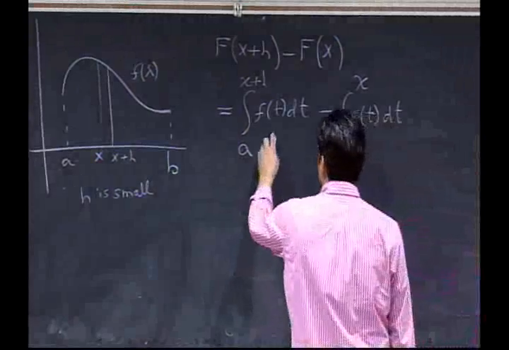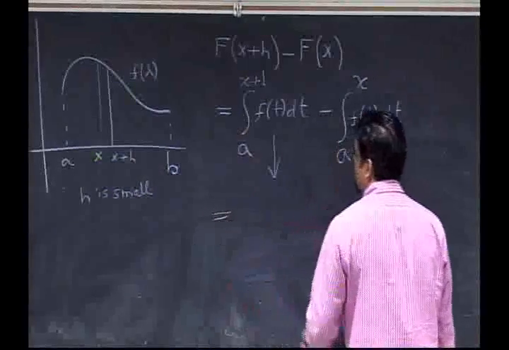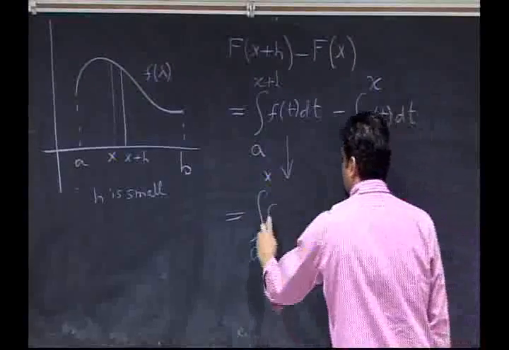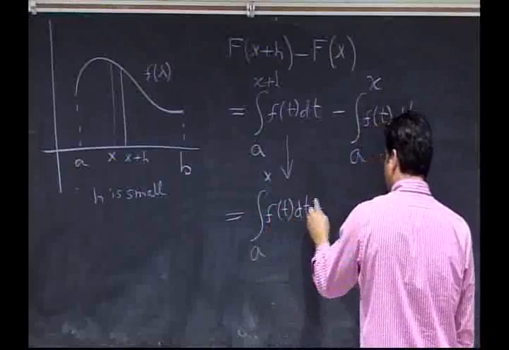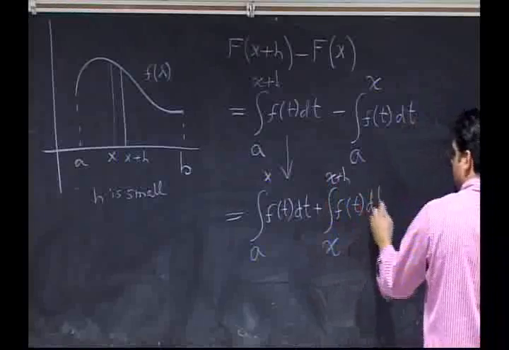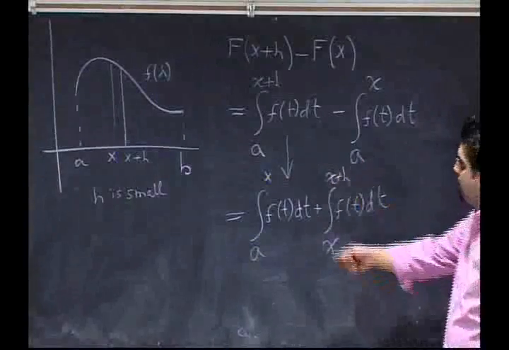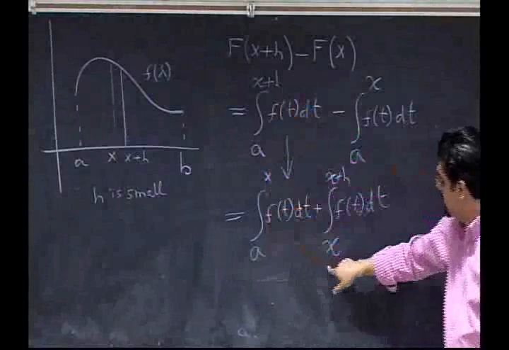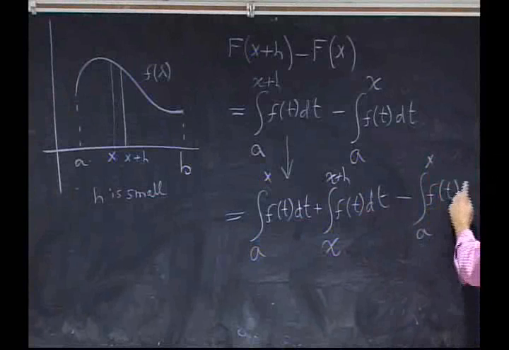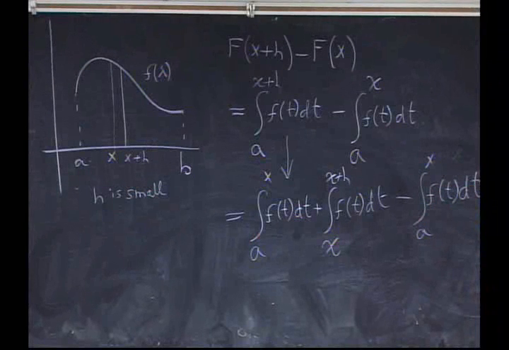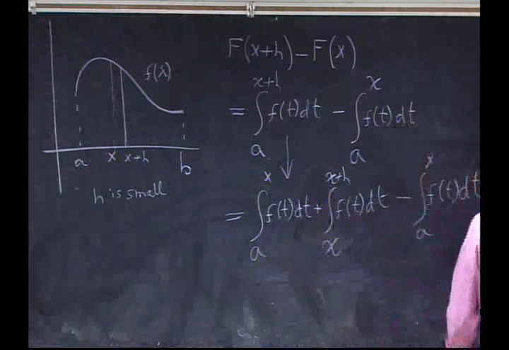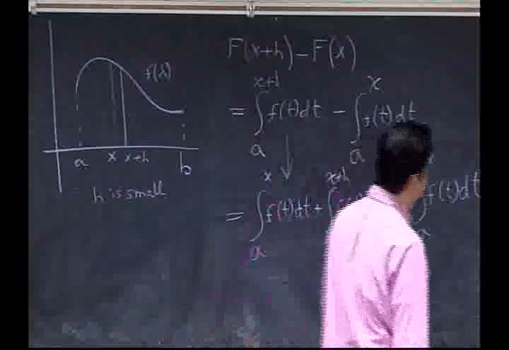How do we rewrite this? This is the integral from a to x of f of t dt, plus the integral from x to x plus h of f of t dt. That's just this part, right? To go from a to x plus h, I go from a to x and then x to x plus h, minus the integral from a to x of f of t dt. And then something cancels here: the first and last terms cancel. Okay, that's great.